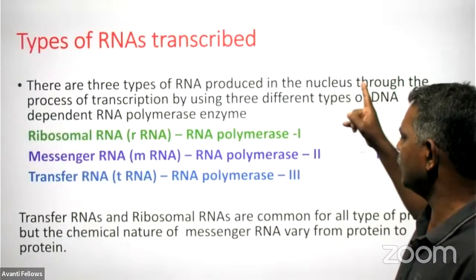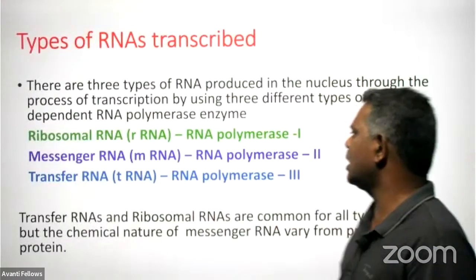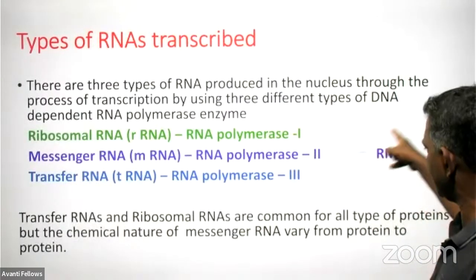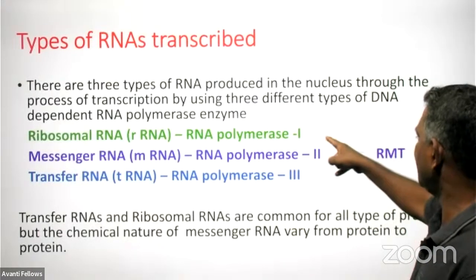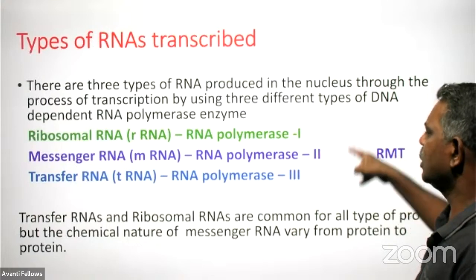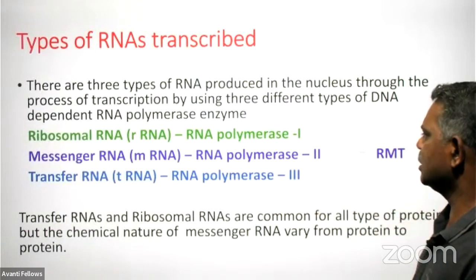Then RNA polymerase 3 is used for synthesizing tRNA. To remember this, you make a code like this: RMT, rRNA, polymerase number 1, M, messenger RNA, polymerase number 2, and tRNA, polymerase number 3.